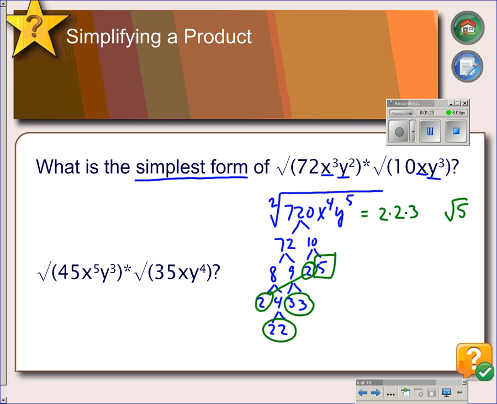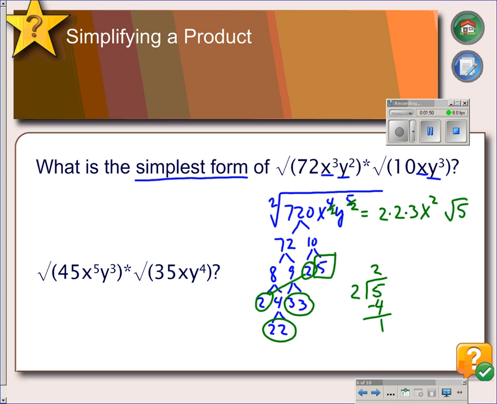With the x's, we're going to take x to the fourth, divide that exponent by the index. 4 divided by 2 is 2. It goes exactly 2 times, so we have x squared on the outside, or 2 groups of x. And then the 5 divided by 2, it does not go evenly, so 2 goes into 5 2 times. 2 times 2 is 4.